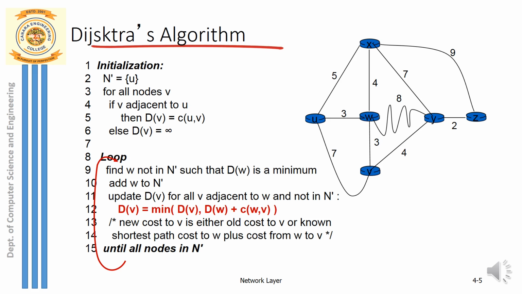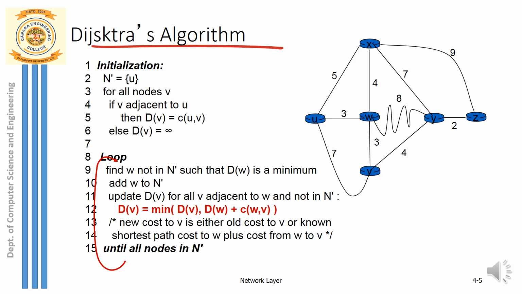So we can see, first find a node w such that the node is not in the list N'. What is the meaning of that? Initially we have in our list N' only the source node u. Now after step 0, we need to find a node which is not the source node, a different node, whose distance from the source node should be minimum.